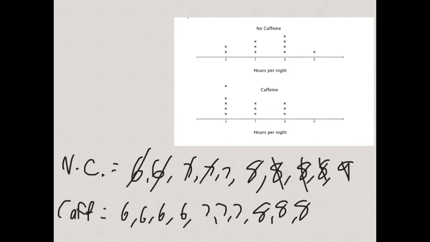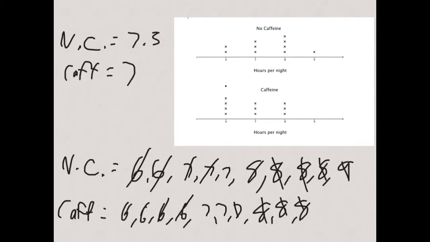Okay, so for no caffeine, it'll be 7.5. For caffeine, it would be 7. So finding the median, it looks like no caffeine, most people get 7.5 hours of sleep.